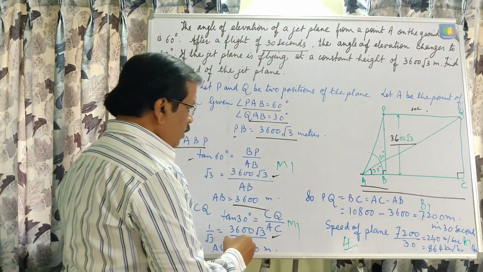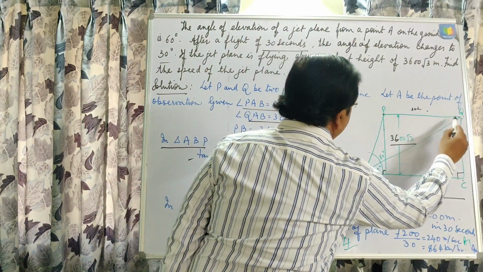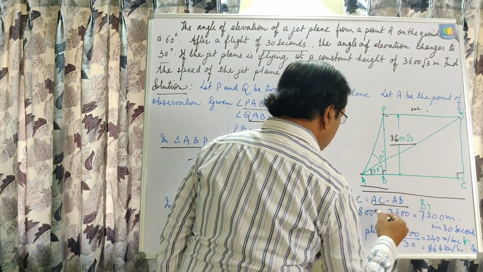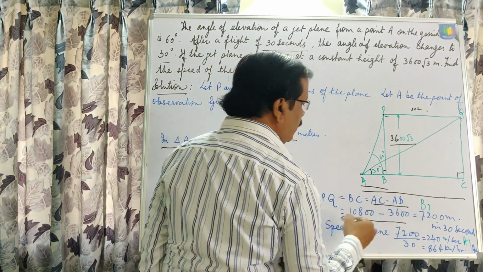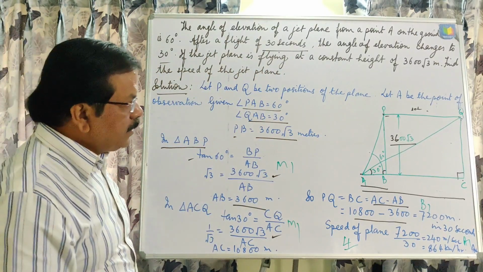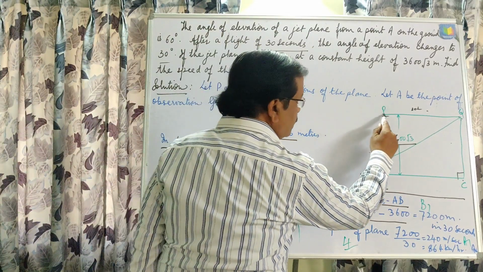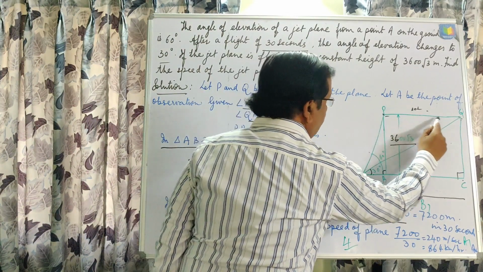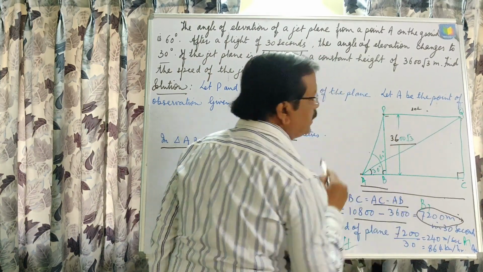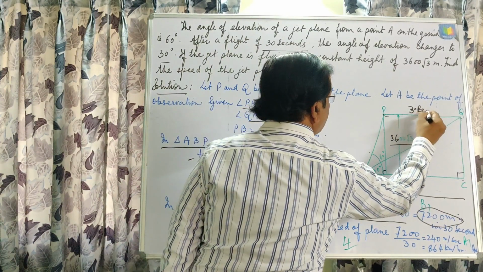Now PQ is equal to, PQ means this distance. This PQ is AC minus AB. And so after substituting the value, we are getting 7200 meter. But as by the question, this is clear that the plane is covering this distance, that is 7200 meter, within 30 seconds.